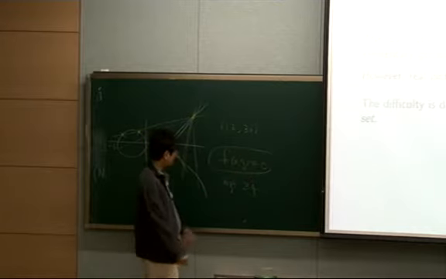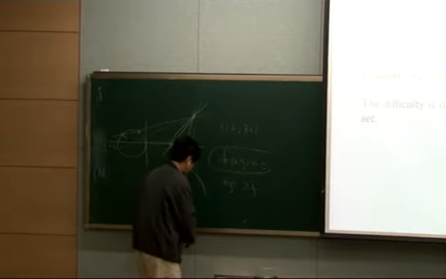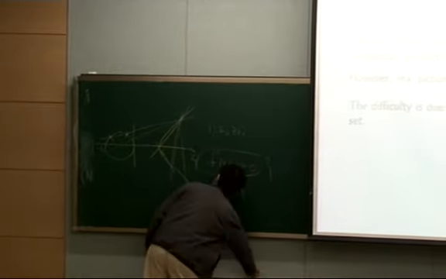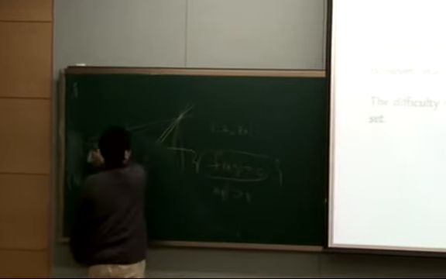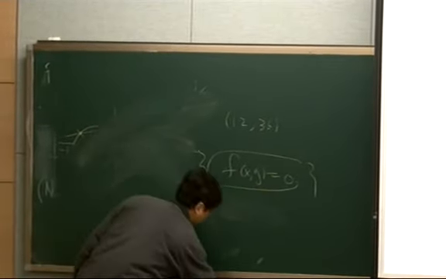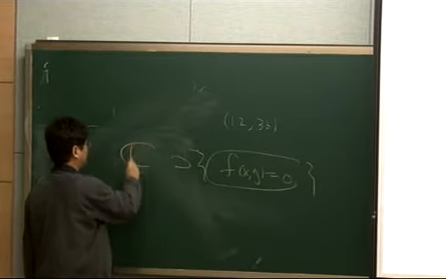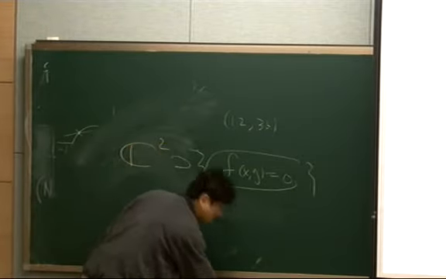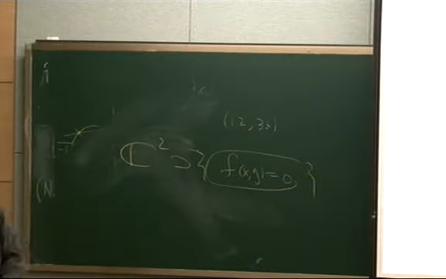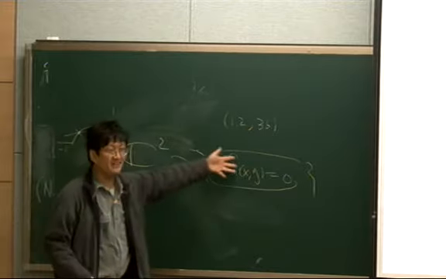In fact, if we look at this equation, what do I mean by the complex solution set? I'm saying let's look at this equation inside C^2 now rather than R^2, right? Then an equation like this is the same as two real equations.